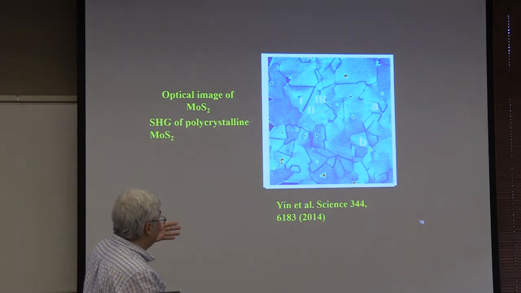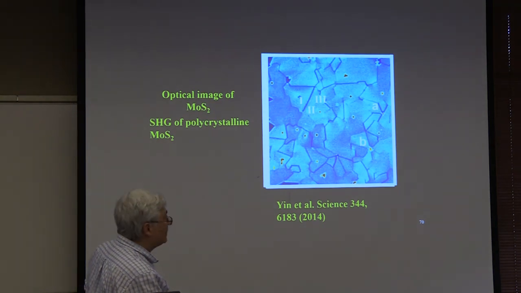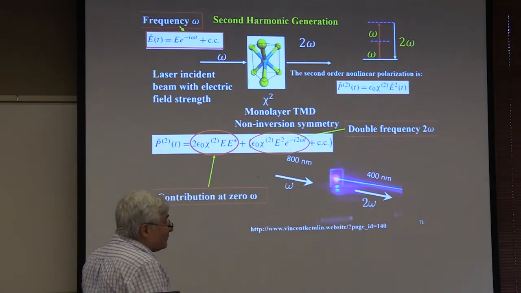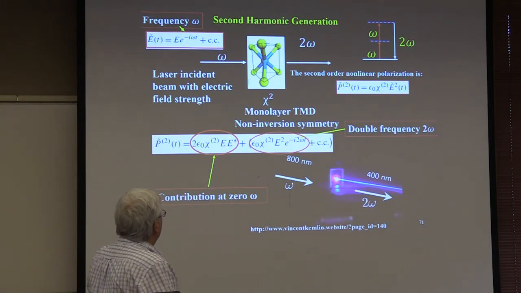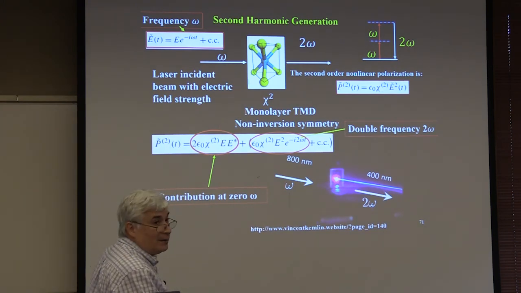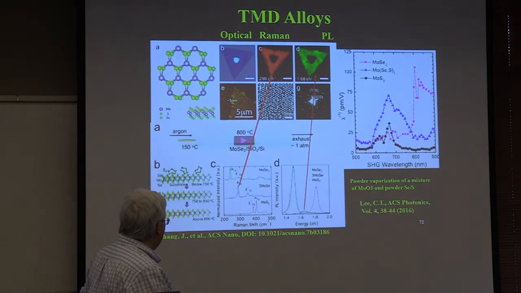And these black, or red, regions are another layer that is growing on top. So this is a second harmonic generation image.